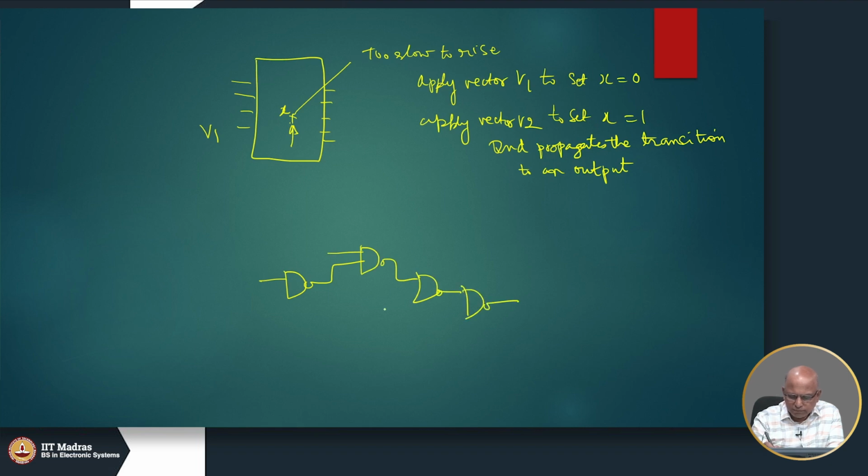So let us say we have a circuit like this. This is an OR gate.